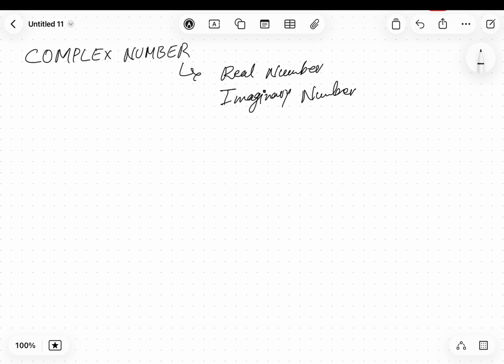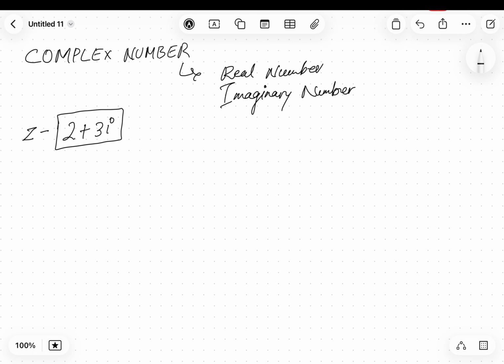When we mix a real number and an imaginary number, we get a complex number. For example, if I write 2 plus 3i, then this is a complex number, and we can represent it as z equal to 2 plus 3i.